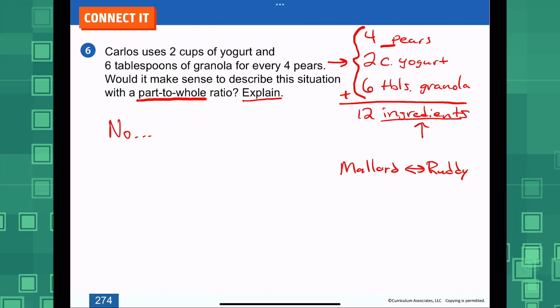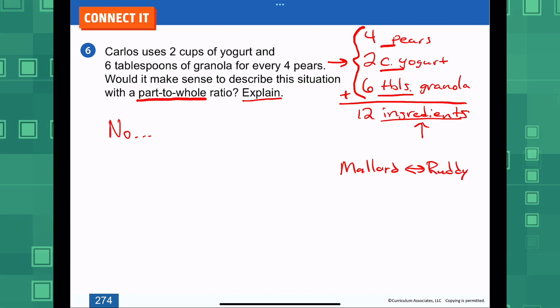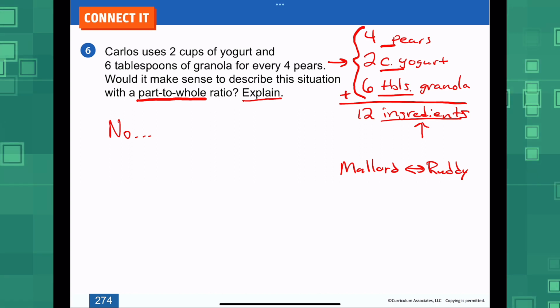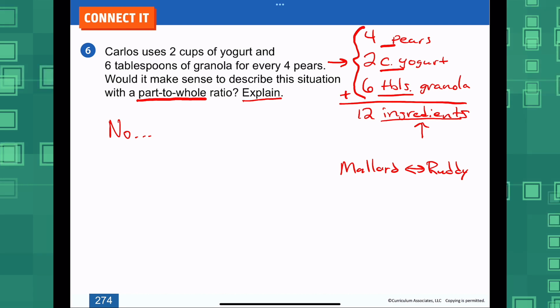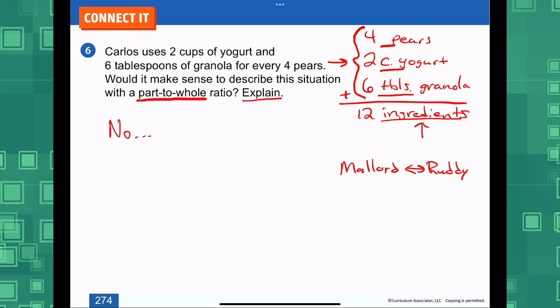It's not cups of pears, cups of yogurt, and cups of granola, right? So now we have to talk more about what we are talking about with our ingredients. Are we talking about cups of ingredients? Tablespoons? Just pears, the number of fruit? So this doesn't make sense because we can't necessarily group all of our ingredients into one type of measurement. So I would say no because of that. If I had ingredients that were all cups, then maybe we could do that.